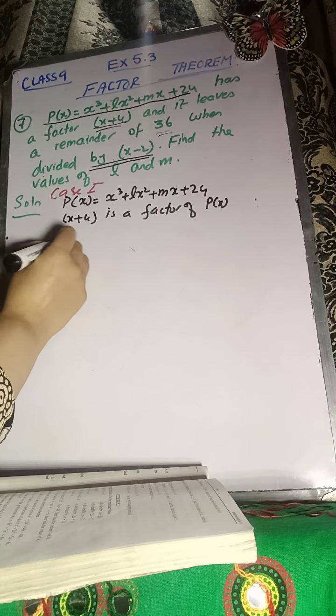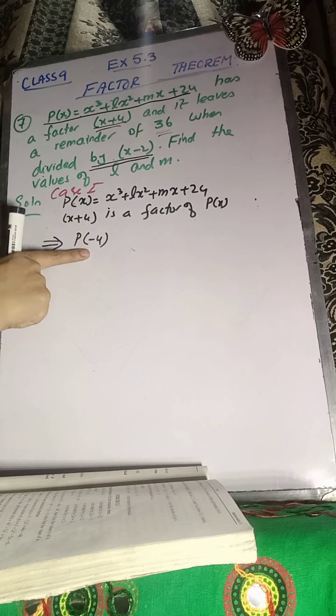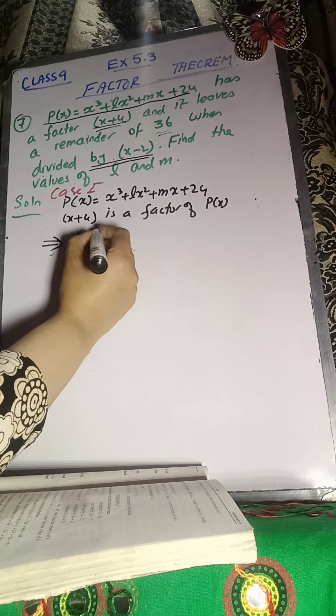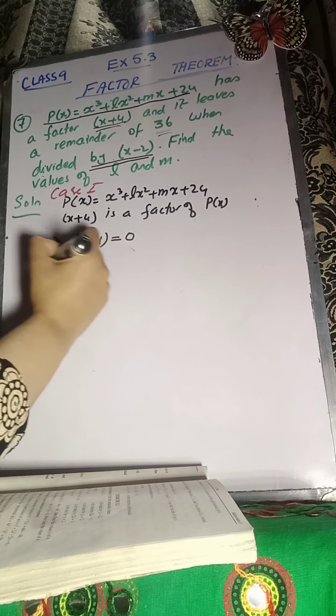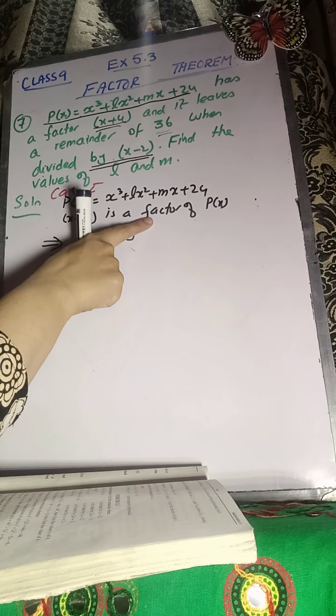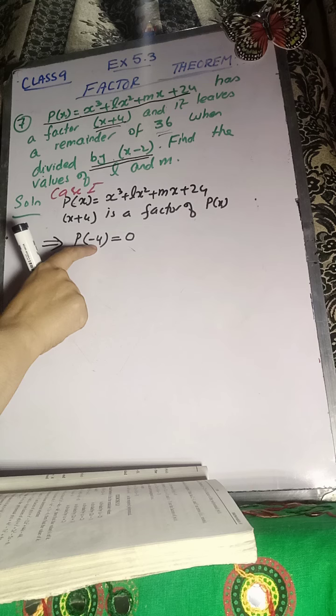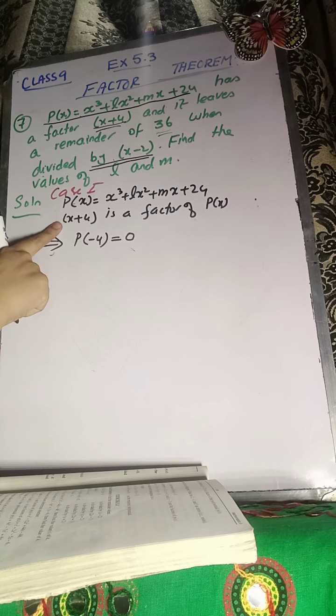If this is a factor, then it implies that p of -4 is equal to 0. Okay, if you find p of -4, because -4 is being subtracted from here, so a will be -4 over here. P of -4 will be equal to 0 because x plus 4 is a factor, and a divisor is called a factor if it gives a 0 remainder, and p of -4 gives us the remainder when this polynomial p of x is divided by x plus 4.